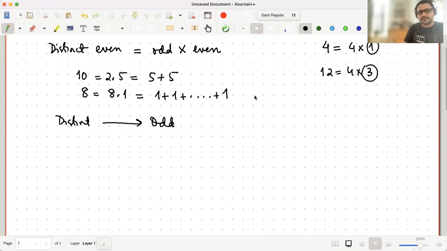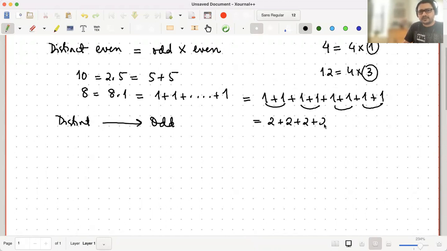For example, in the first step we will club two of these ones together, so each pair will club together. Then this will become 2 plus 2 plus 2 plus 2. This is not finished because we can still club two together. So we are going to club 4 plus 4, and again club this together into 8.